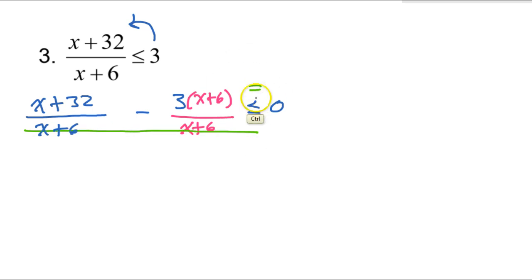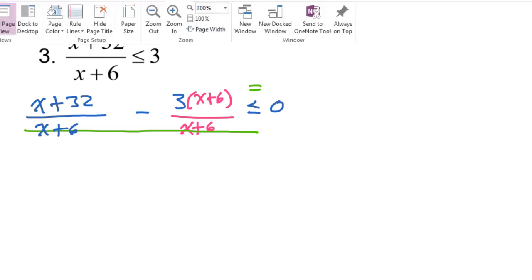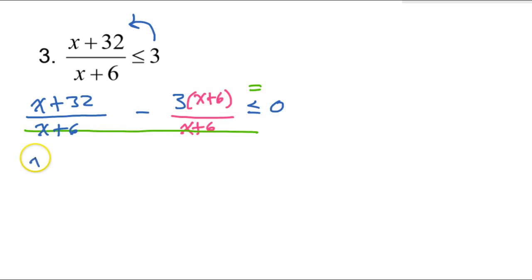Okay, and right now I'm pretending this is an equation. So I've got x plus 32 minus 3 times x plus 6 is equal to 0.